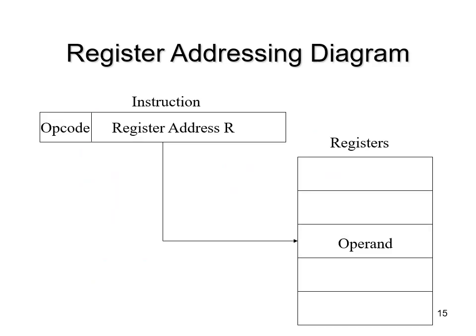You can see the diagram is more or less like direct addressing, but here instead of having the memory, we have the register here, and we speed up the program execution if you are using register addressing.